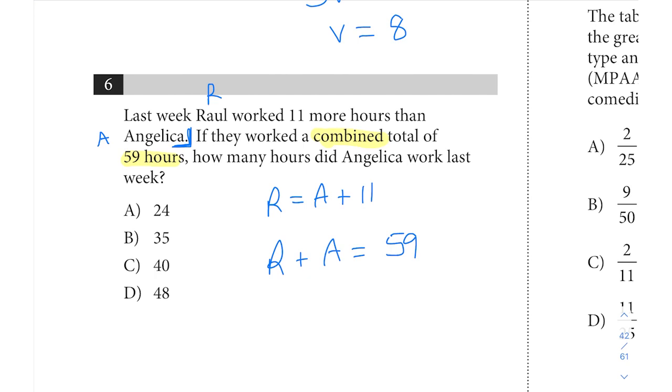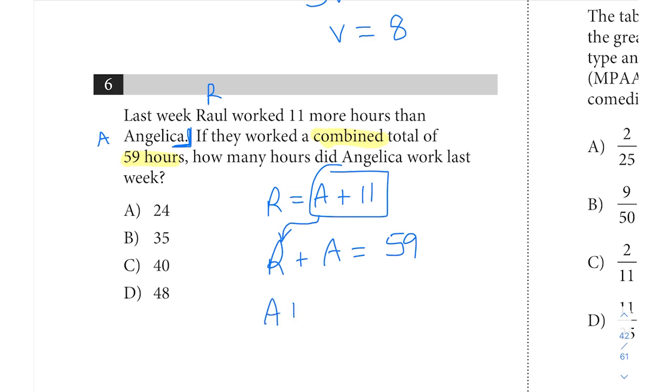So here we have two variables and we have two equations. So we are looking at a systems of equations question, but it's kind of nice because this is already set up where one of the variables is isolated. We have R equals A plus 11. So we can plug in this expression, A plus 11, in place of R. And normally we might want to try elimination, but this one's too easy to do substitution because in the description in the question, we already have an isolated variable.